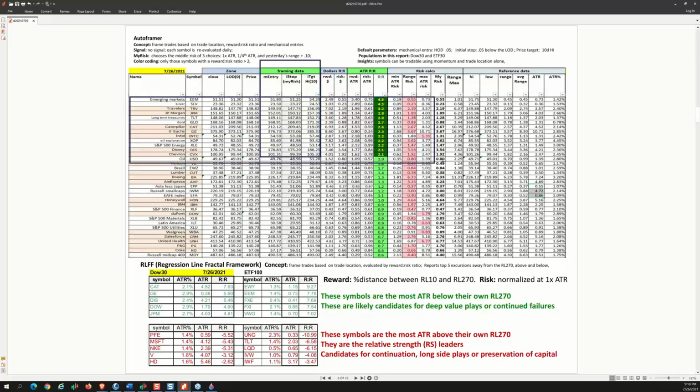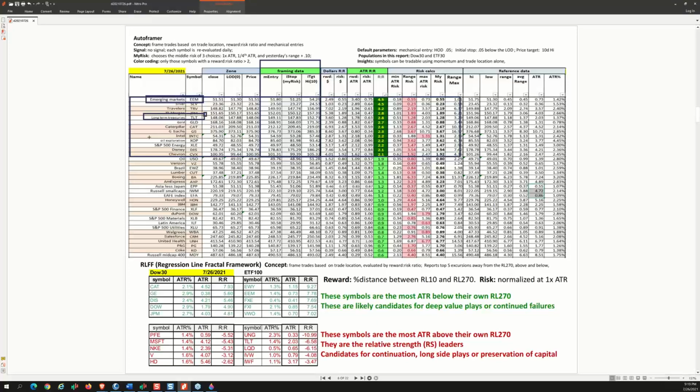All right, here's the framing data for our auto framers. Everything that's better than 2 to 1 with all the key price data. I'm still liking the opportunity in emerging markets. That just really stands out to me. Treasuries, I suppose, are more attractive than the precious metals.